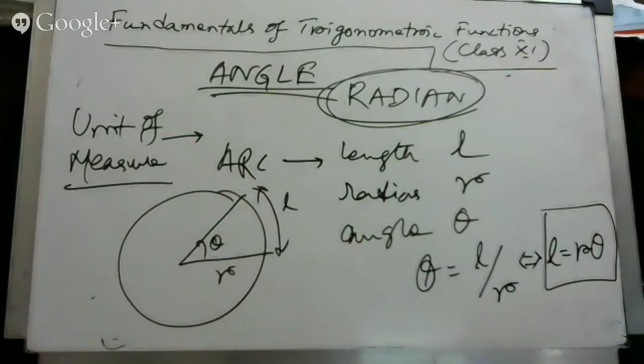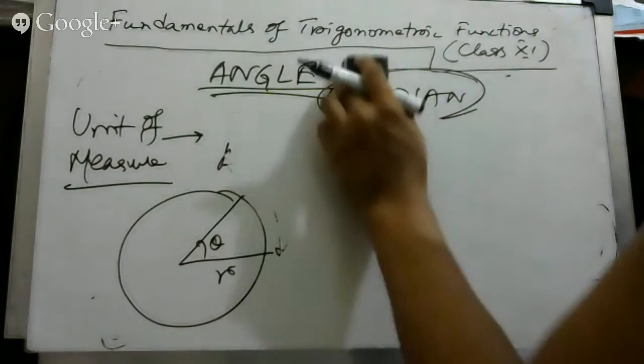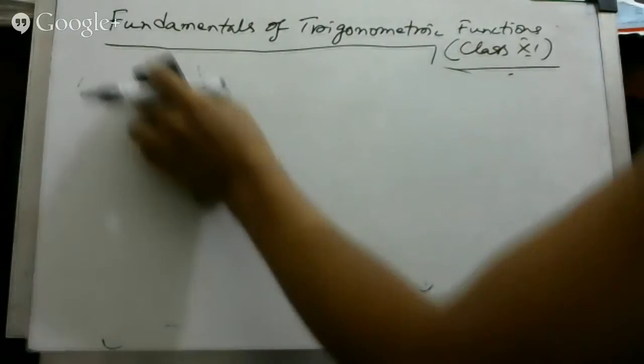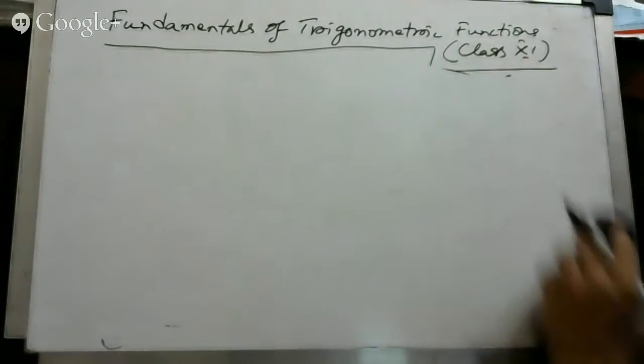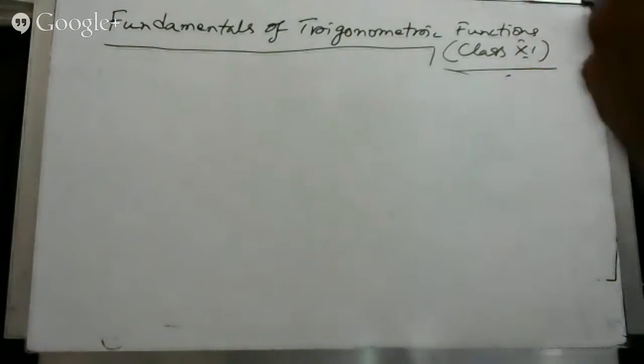So now let's move on to figure out the relationship between the radian and angle. So we have so far covered what is an angle, what is a radian, how they are measured, angles in degrees, radians and arcs.